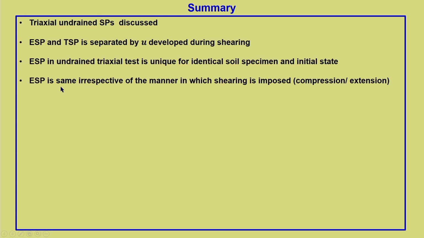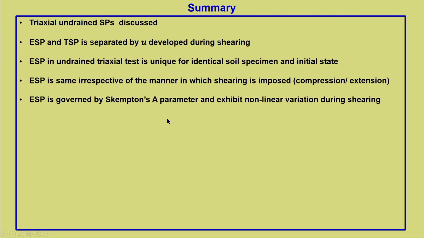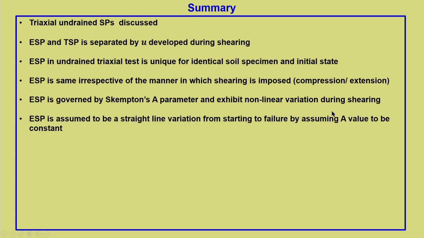ESP is the same irrespective of the manner in which shearing is imposed, whether it is compression or extension mode. In all the cases, we have seen that the expression for effective stress path remains the same. ESP is governed by Skempton's A parameter and exhibits nonlinear variation during shearing. And ESP is assumed to be a straight line variation from starting to failure by assuming the A value to be constant.